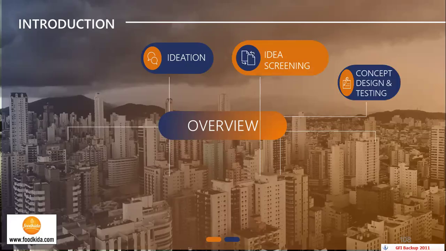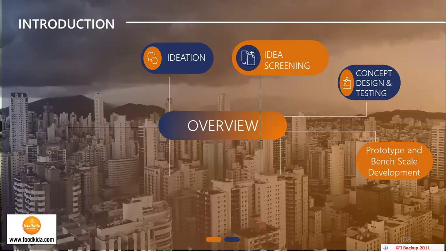Then the ideas were converted into concept, test, and design, and then tested to shortlist the most probable ideas that will be liked by the consumer. And once that is done, based on that, we will do prototype development and bench scale development. So this is one step which we will be studying in detail.